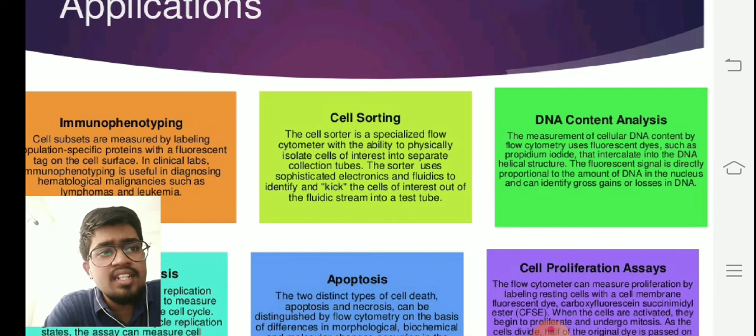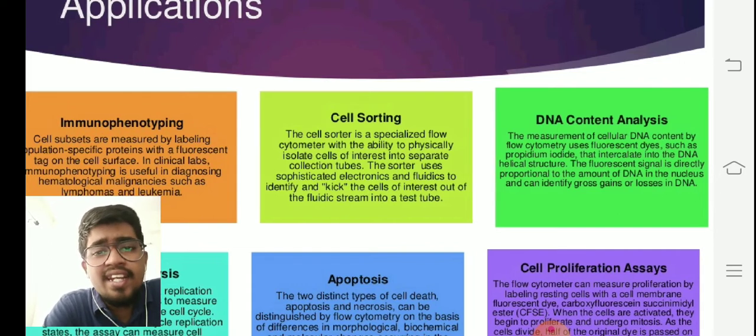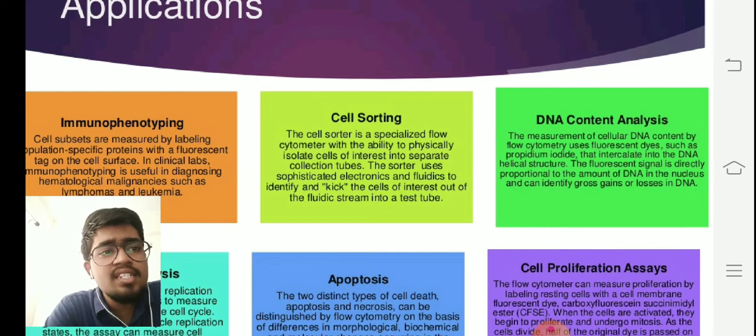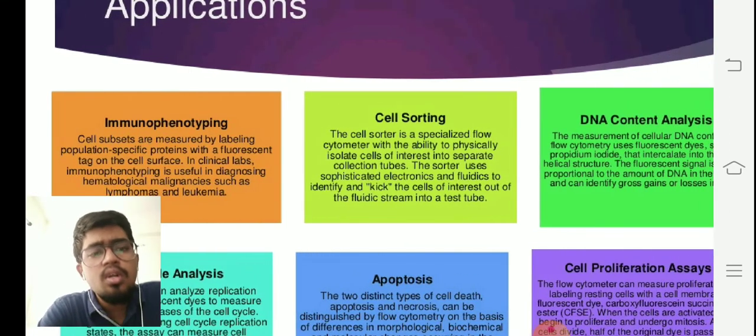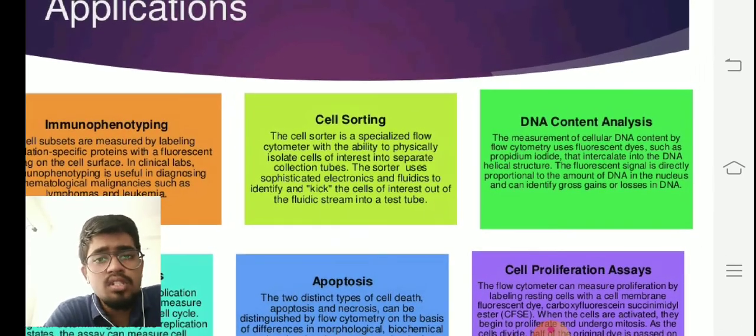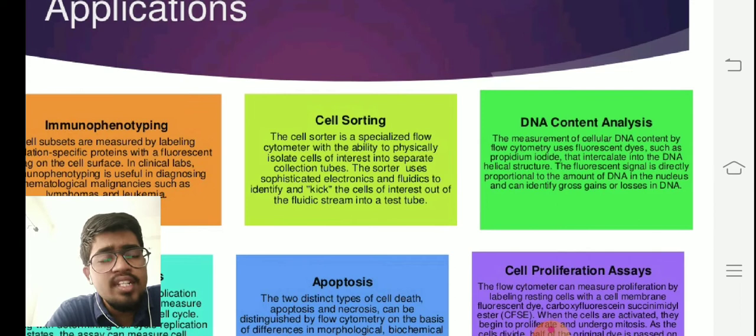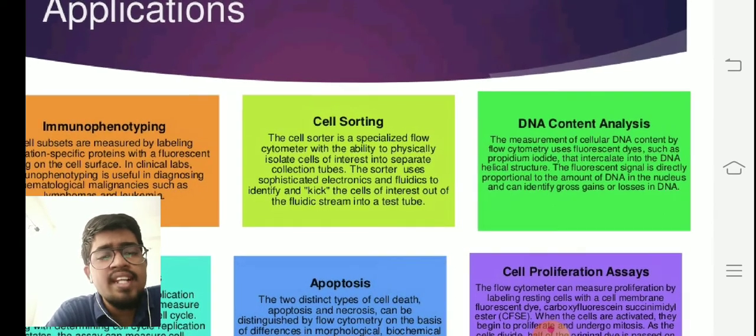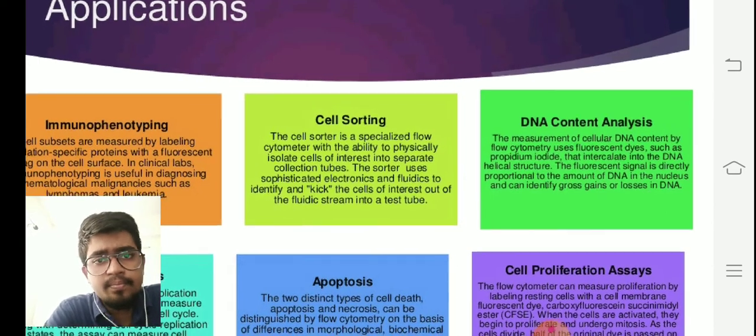The fluorescent signal is directly proportional to the amount of DNA in the nucleus and can identify the gross gains and losses in the DNA.